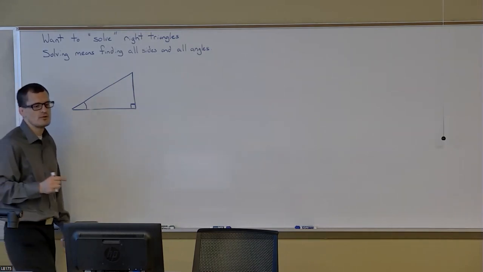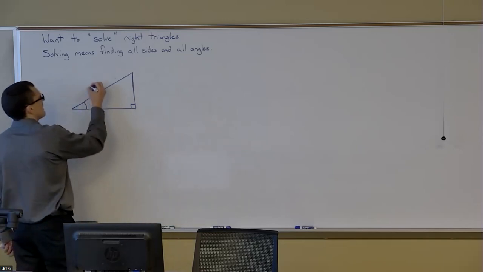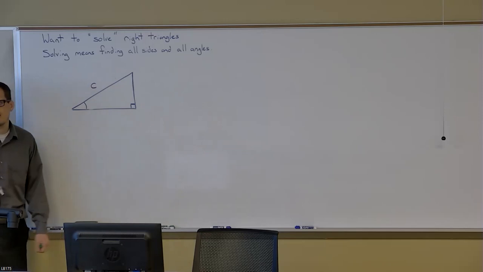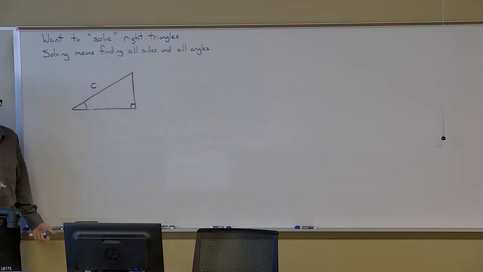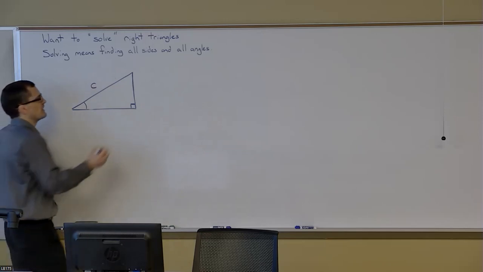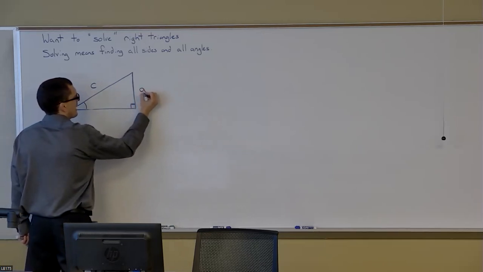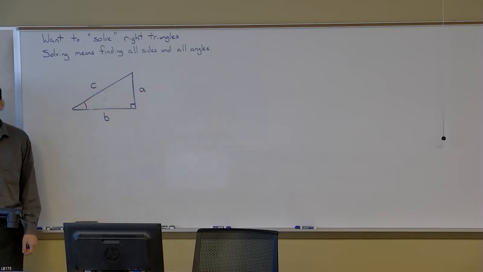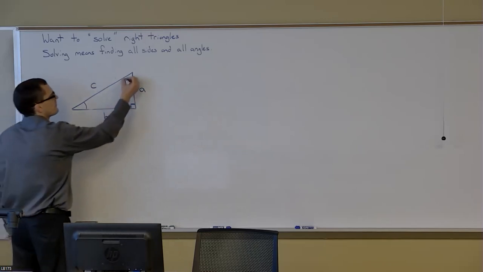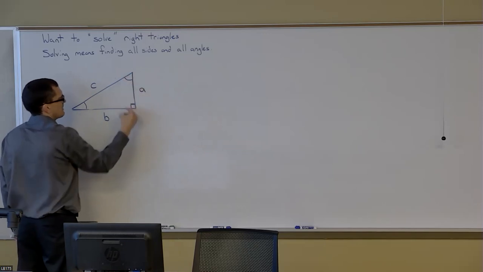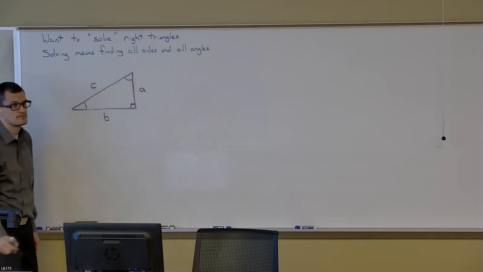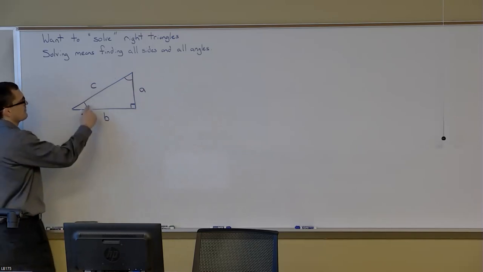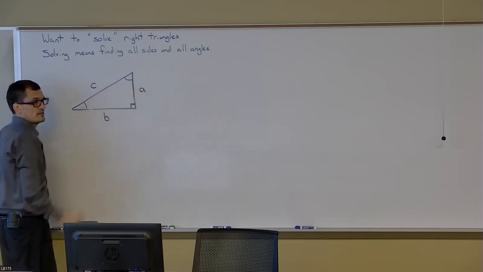So we label our hypotenuse C. I'm sure you've seen this before. We label our legs A and B. And then the right angle is obviously opposite to C, opposite the hypotenuse. And we have to label these 2 other angles.